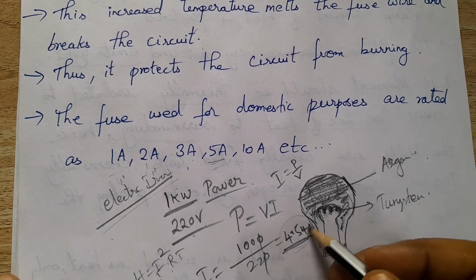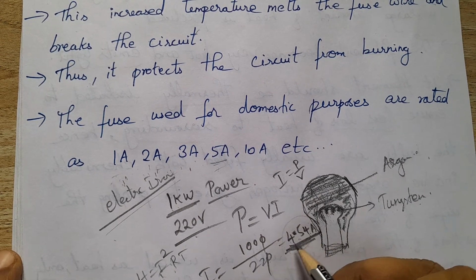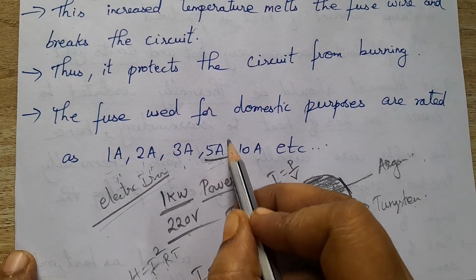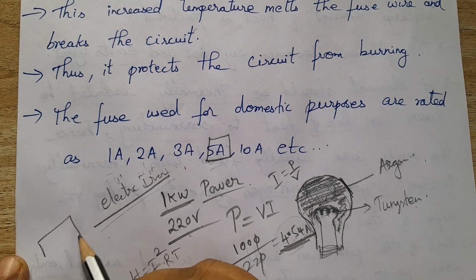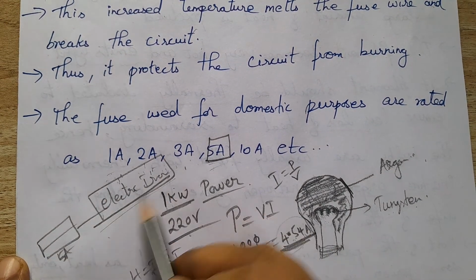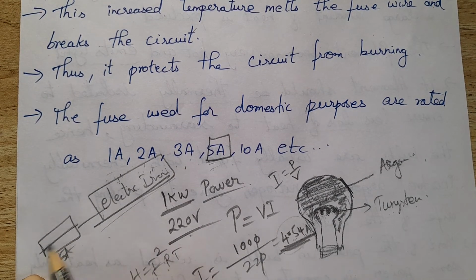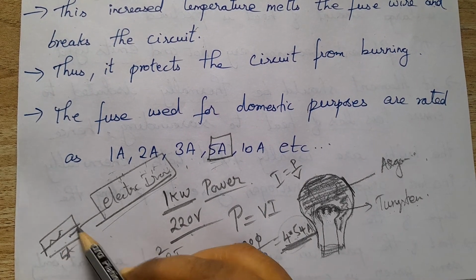To stop the flow of current, since it requires 4.54 amps, we'll go for the 5 amp fuse. We will fix a 5 amp fuse in series with this electric iron. If more current comes, the fuse gets heated up, the temperature increases and it will break down.